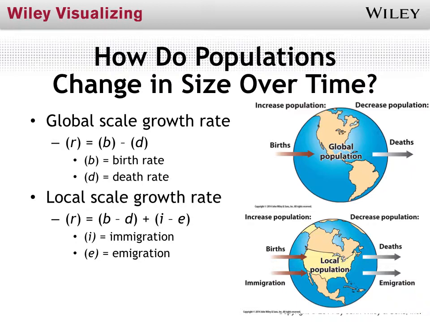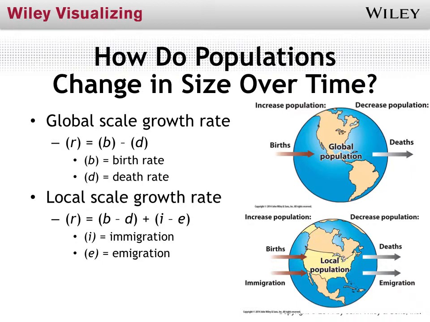So for countries like the United States, birth rates and death rates are taken into account, but then we're also taking into account how many people are coming into the United States from a different country, and subtracting from that any individuals that are leaving the United States to move to a different country. But again, growth rate is still a function of birth rates and death rates, immigration and emigration.